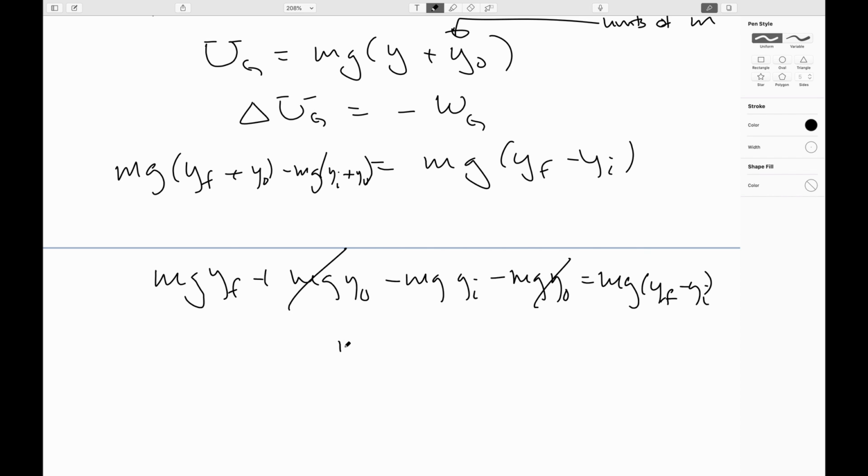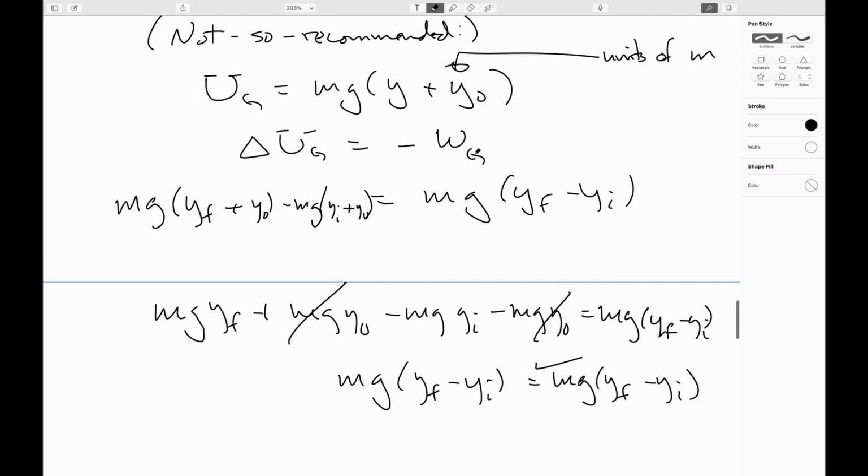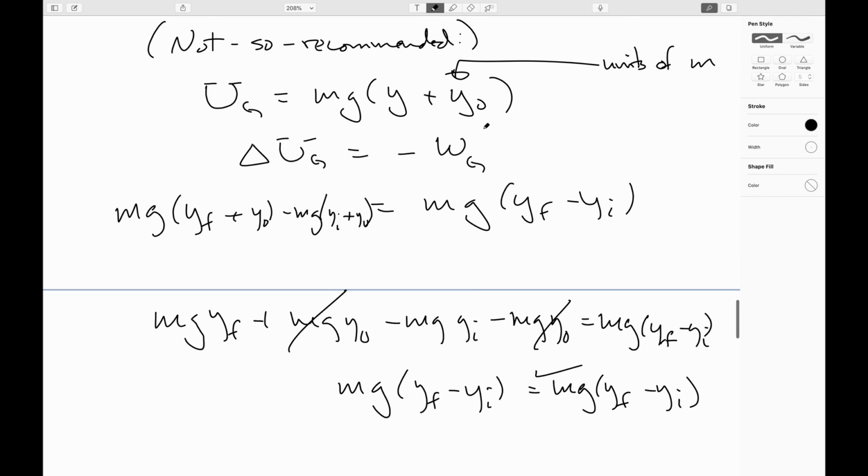I can group on mg (y final minus y initial). Sure enough, it equals mg (y final minus y initial). Check. So this choice here, which like I said is the not so recommended choice, would work. I could have just some arbitrary constant, y naught. Maybe it's 82 meters. I could add 82 meters to all my y coordinates and it'll work.